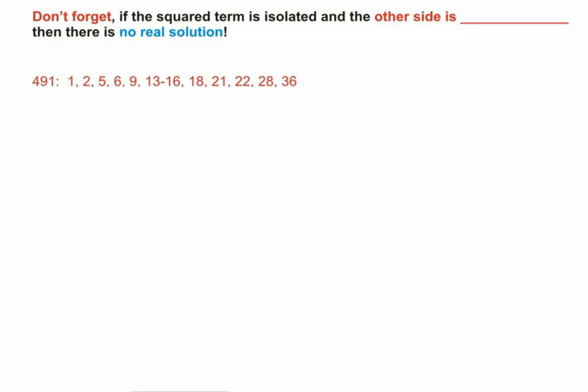Do you guys remember the scenario? When the other side is what? Negative. Now in Algebra 2, we'll deal with non-real solutions. They're called complex numbers or imaginary numbers. But for right now, we don't. So that is possible. You'd say no real solution.